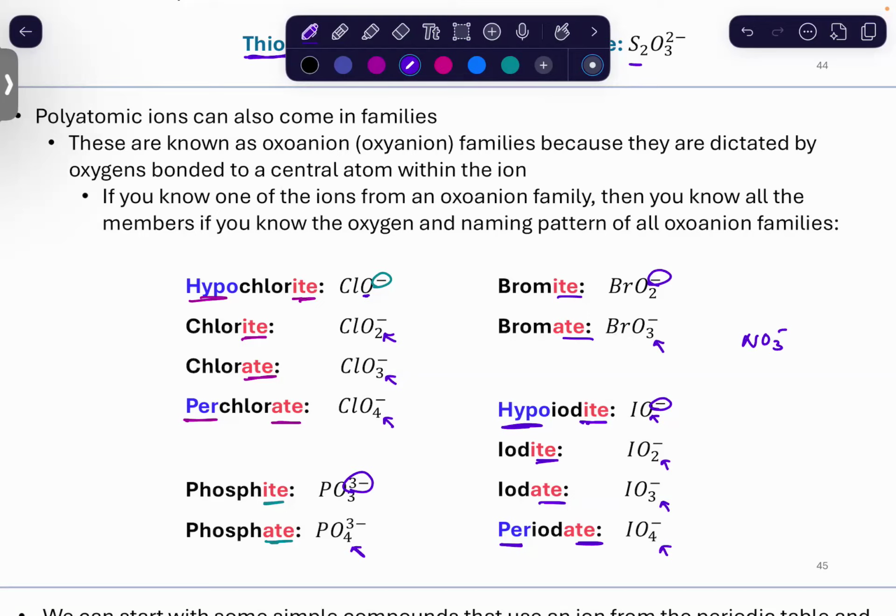Well, wait, this is nitrate. You have that ATE ending. I can go to nitrite by taking off one oxygen, and it still has a -1 charge. So I can figure that out using the oxoanion family.